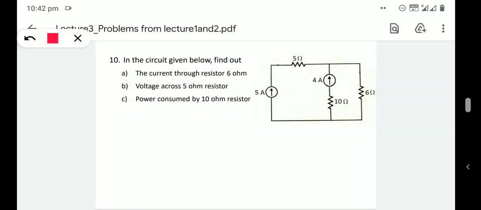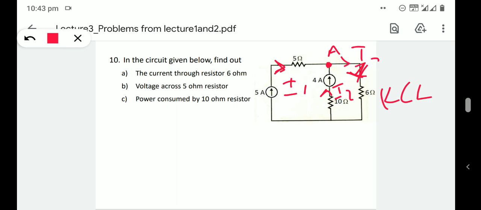In the circuit, first find the current through the 6 ohm resistance. So we need to find the current in the 6 ohm resistor. Here we will apply current law, KCL, at this node A. For that we mark the direction of current in this branch I1, in this branch I2, and in this branch I3.